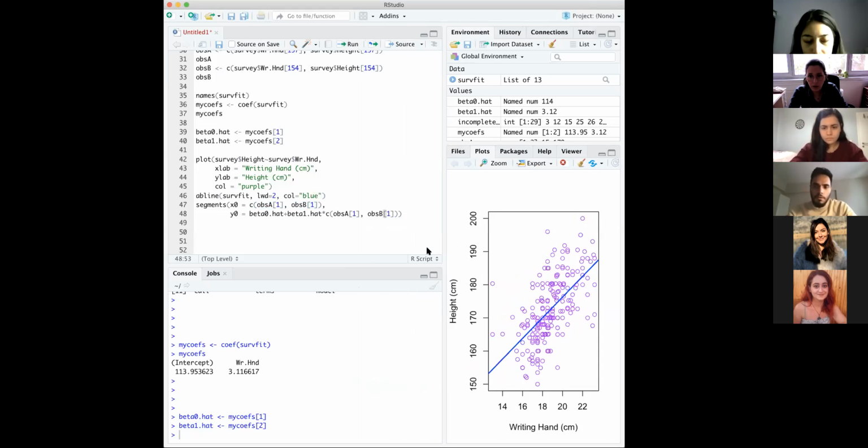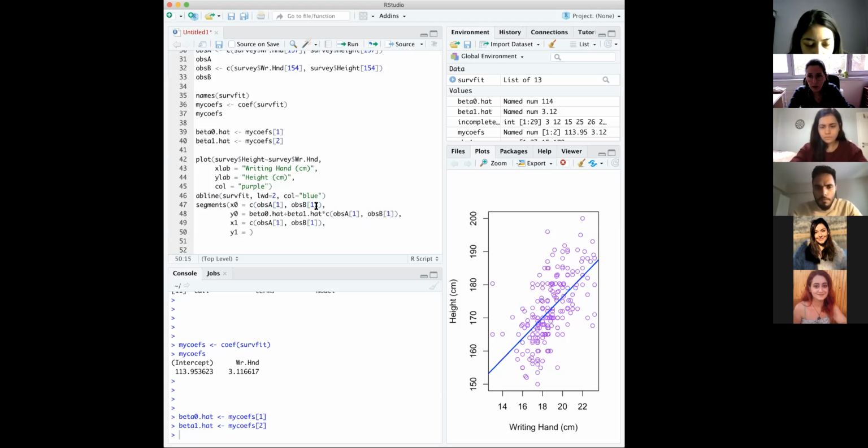Okie dokie. And also for x1, I want to add again observation A1 and observation B. Let's just get this part. And for y1, I have observation A2 and observation B2.